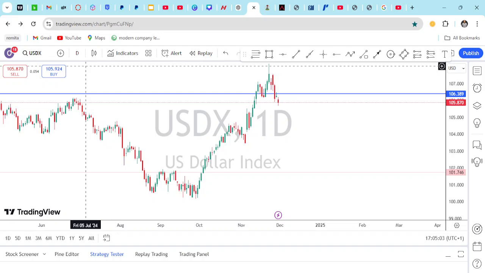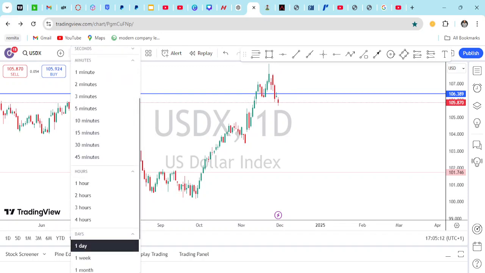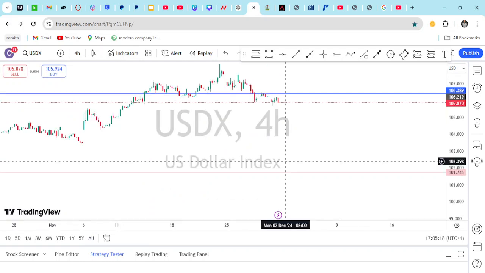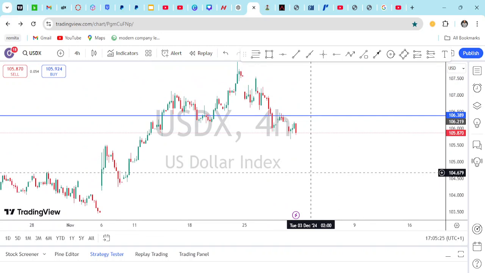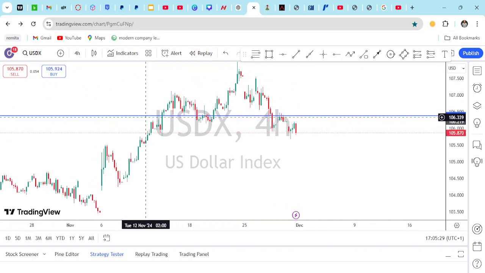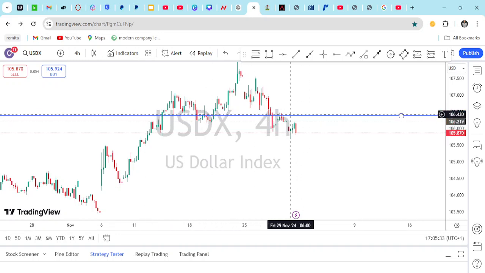So if you look at it on a 4 hour, on a lower time frame, you see what the market is currently doing there. That's a clear indication of what is happening. Whatever affects the dollar affects all the pairs attached to the dollar. As you can see, this is the same daily support line turned resistance.